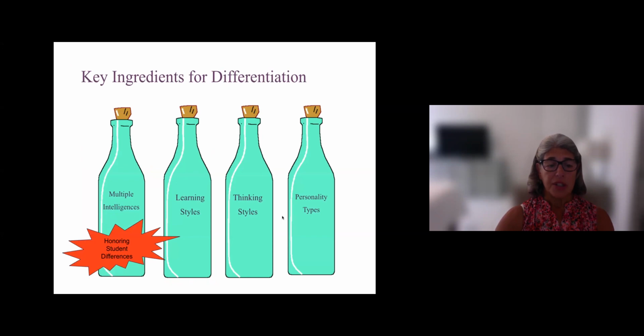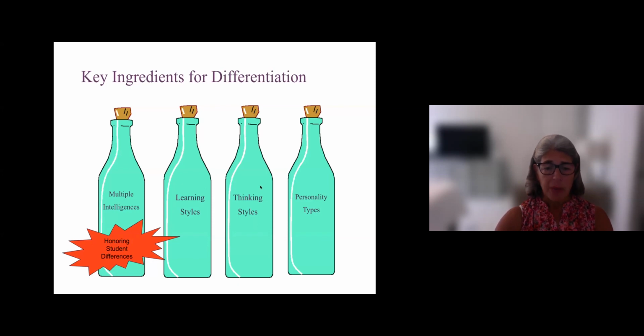Another key ingredient for differentiation is honoring students' differences, and it could be through any of these, not all of them, one or more of these. So maybe you're going to look through the lens of multiple intelligences and honor that some students really have preferences and they're more comfortable with some of the intelligences than others, and give them some opportunities, sometimes, not every time for every lesson, but sometimes give them an opportunity to use their strength area to demonstrate their knowledge.